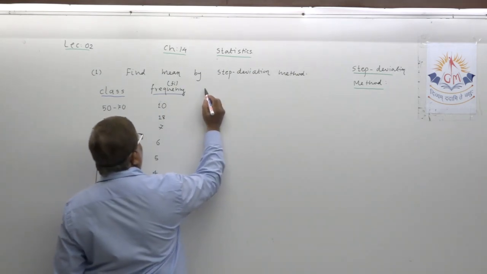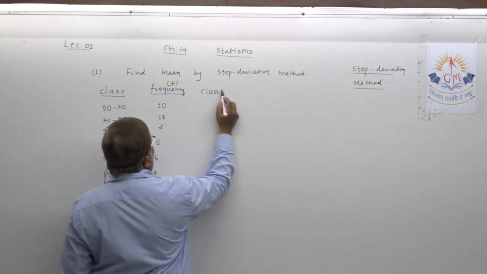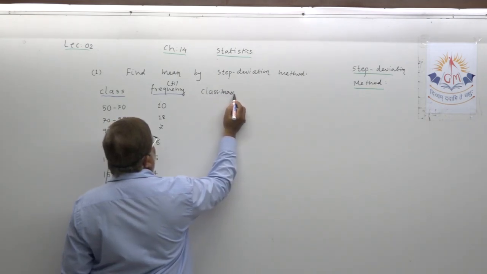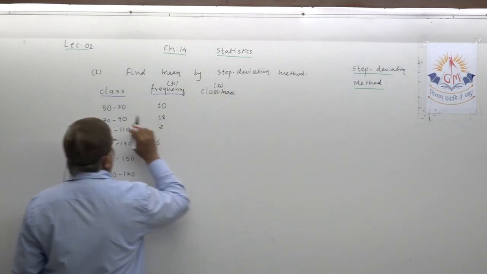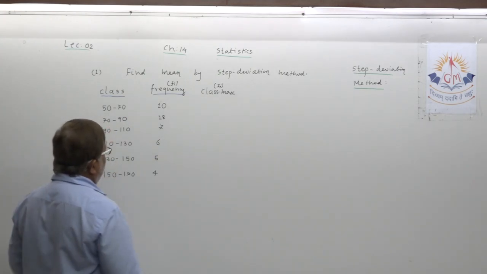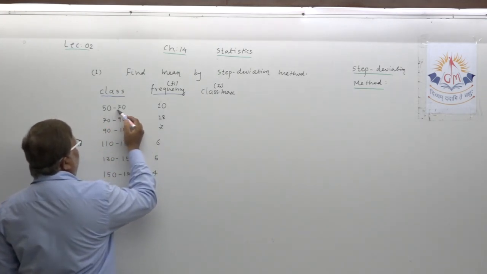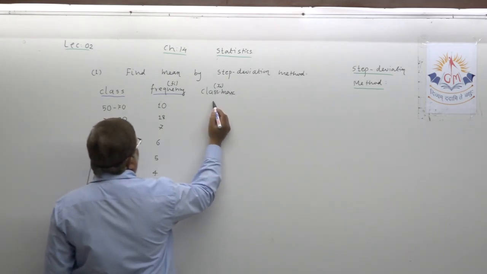Class and frequency are given. Let me write the class mark. For class mark, which symbol do we utilize? Xi. How to find the class mark? You all know. It is a regular class length of 20. Just find out first: 50 to 70, 120 divided by 2.